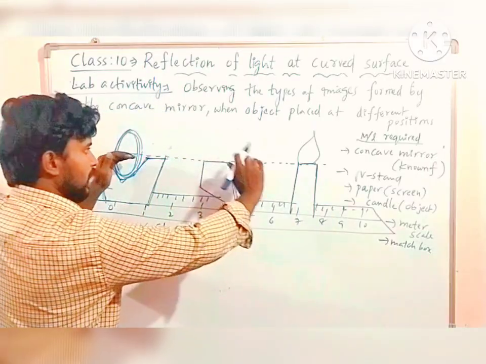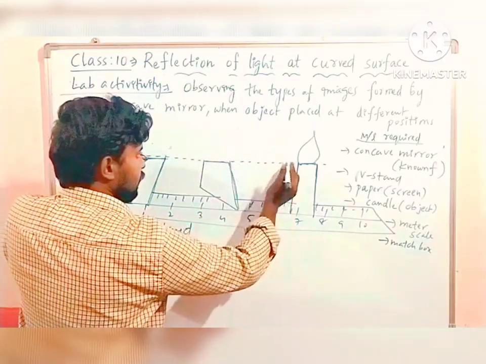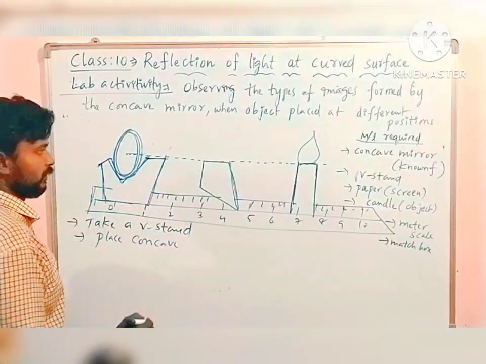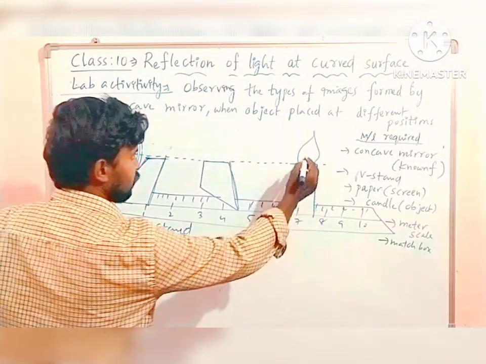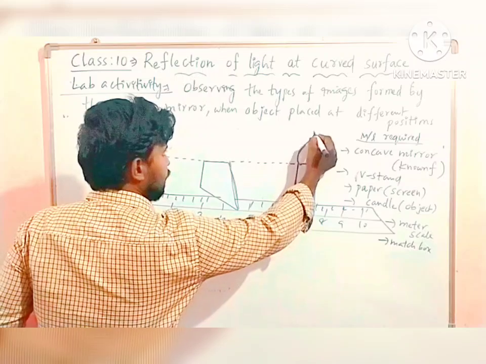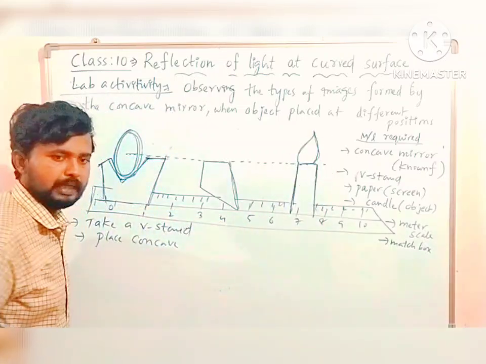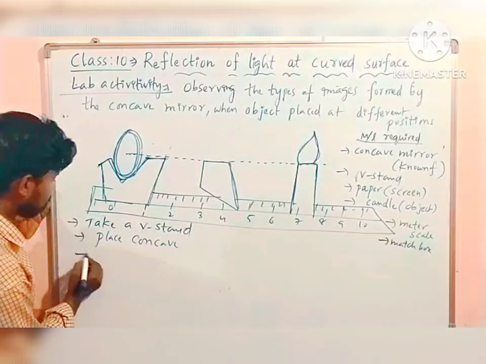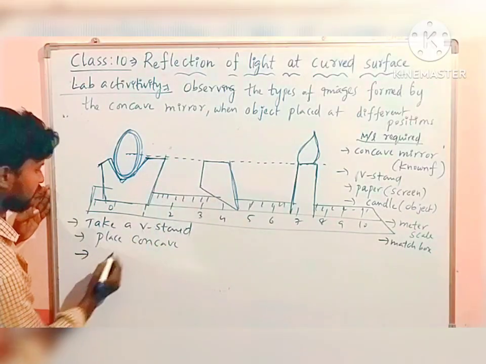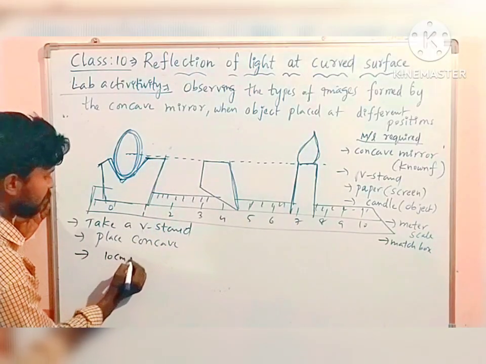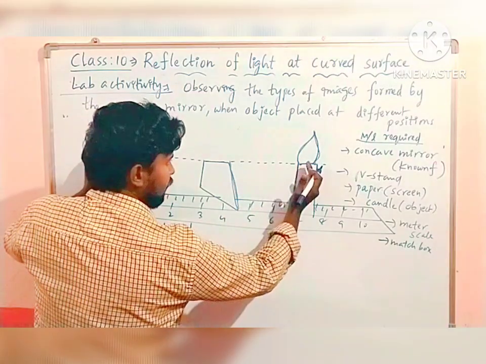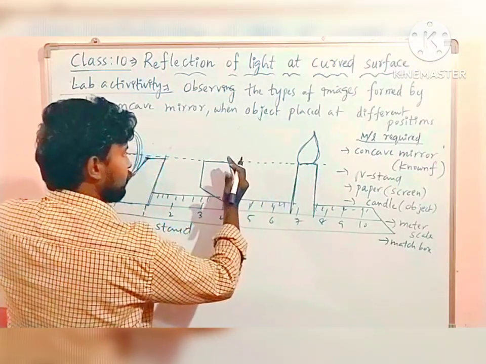On the principal axis of the concave mirror, we have to place the candle. After placing the candle, light the candle. After lighting, change the position of the candle. Move the position of the candle from 10 centimeters to 80 centimeters, that is, when we move the candle towards the concave mirror.